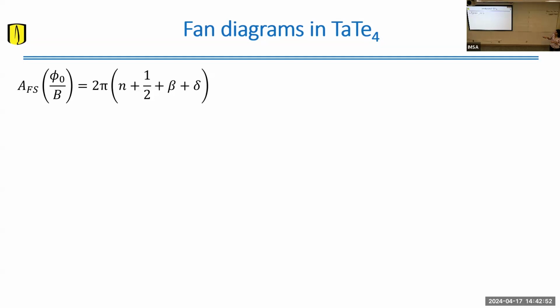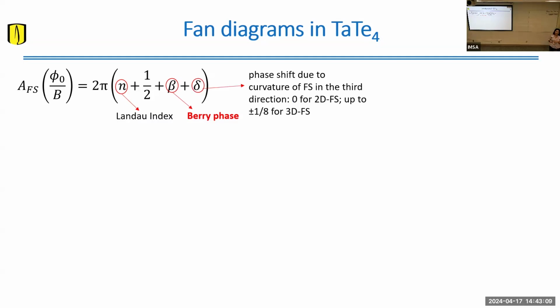It means the quantization of the magnetic flux in this system gives a phase of 2 pi times the Landau index, then the 1/2, and the Berry phase will be there because we are doing closed orbits in momentum space, and this delta, which is a geometric factor that comes from warping or from three-dimensional versions of Fermi surfaces, can be distributed between -1/8 and 1/8.